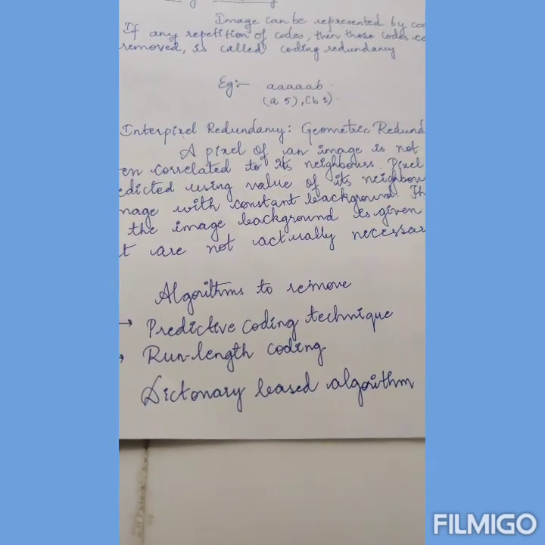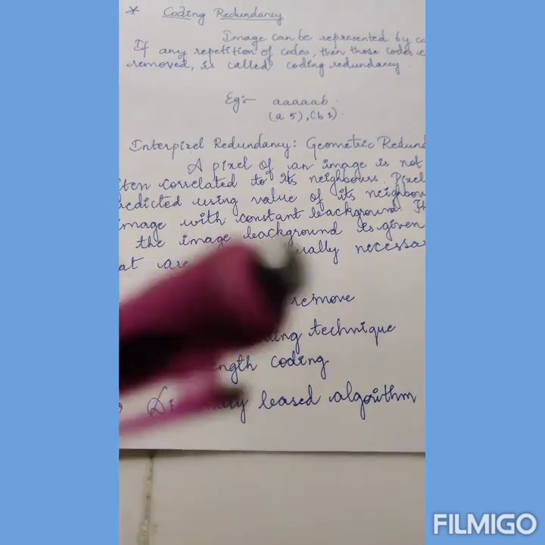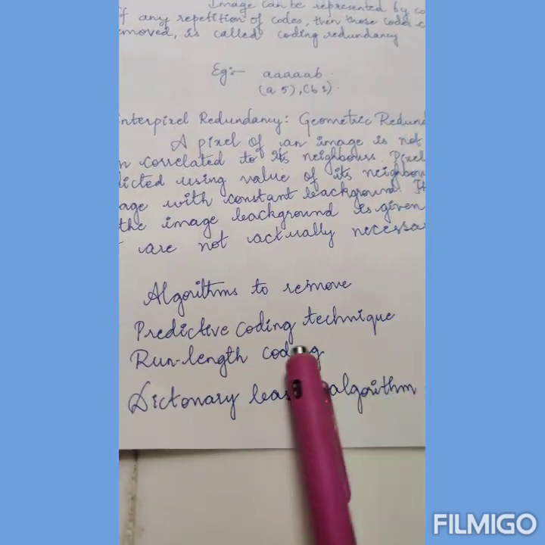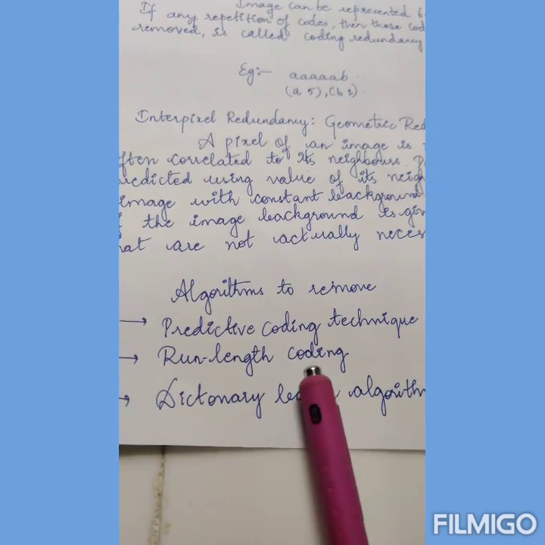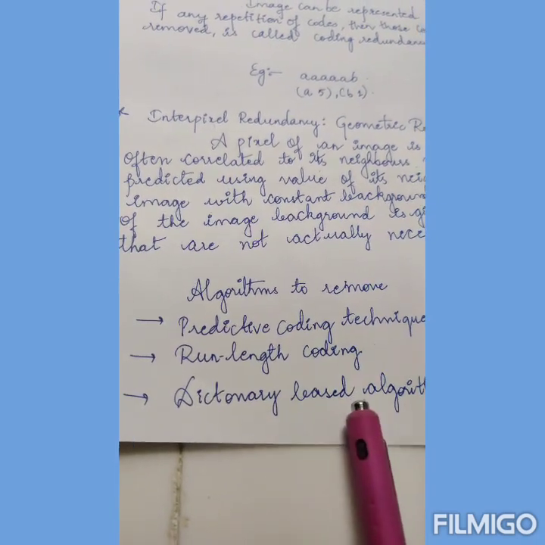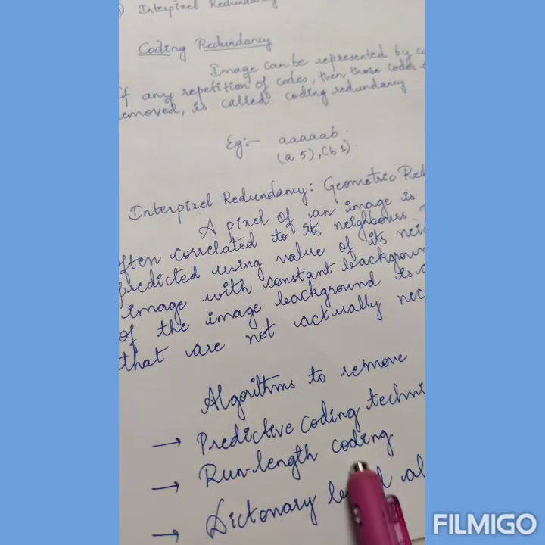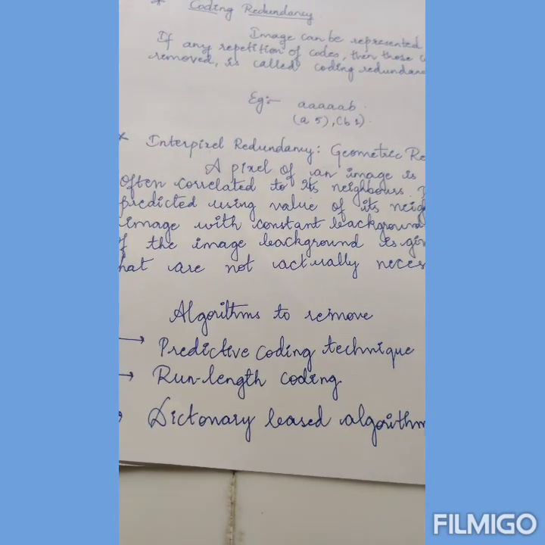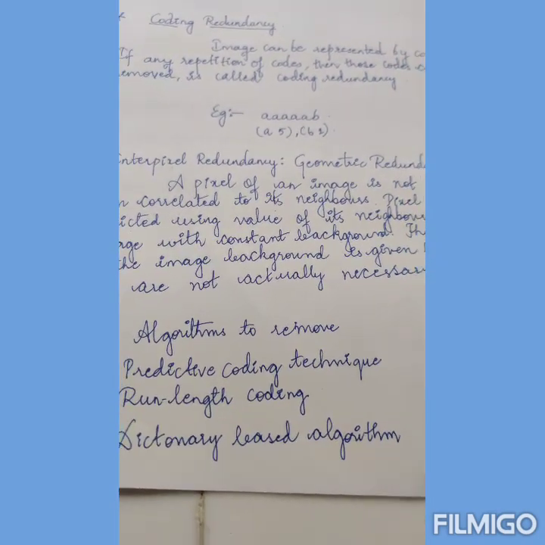In detail we will be discussing these methods. Run length coding and predictive coding are very interesting methods, and they will be asked in the examination also. So we'll be discussing these three interpixel redundancy algorithms.